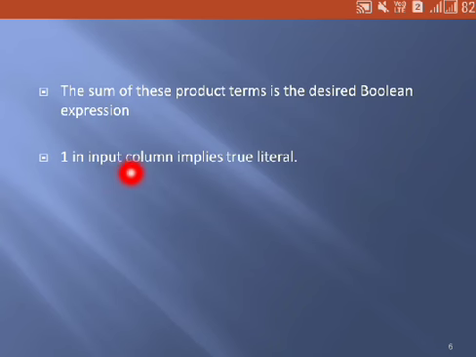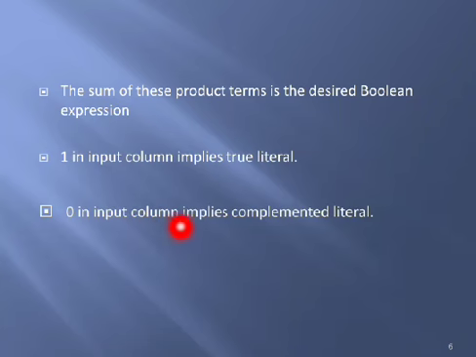So 1 in the input column implies a true literal, and 0 in the input column implies a complemented literal. What is the meaning of this?